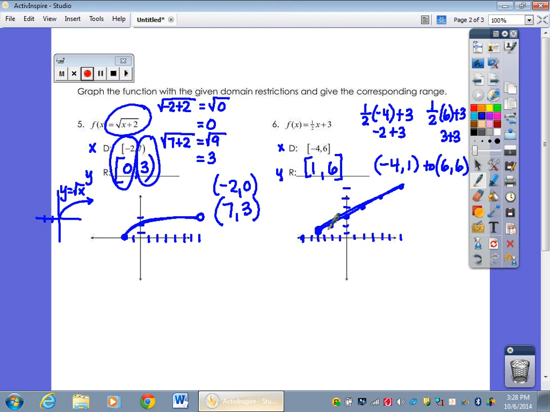And they need to be closed circles at the ends. I do not want this extra little circle that I wrapped over there. So this would be your line. Okay?